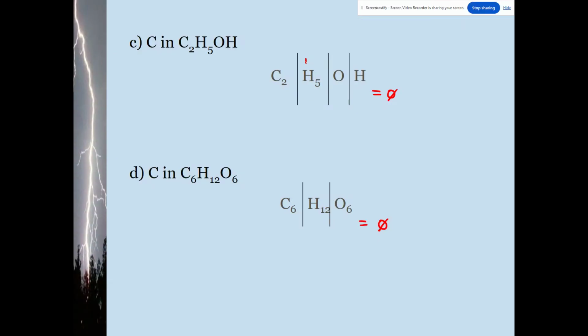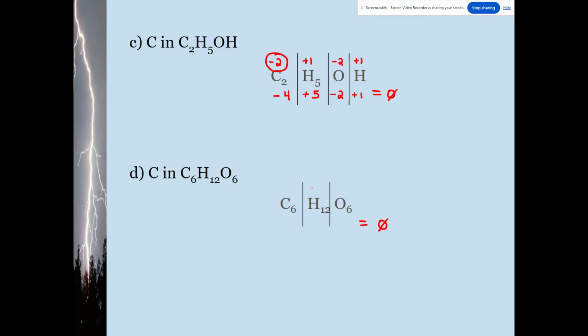I know my hydrogens again are +1, and I know my oxygens are -2. So I have +5 from those 5 hydrogens, -2 from the 1 oxygen, and +1 from that 1 hydrogen. So I have +6 and -2, so I need a -4 to add till that all equals 0. There's 2 carbons, so they are each -2.